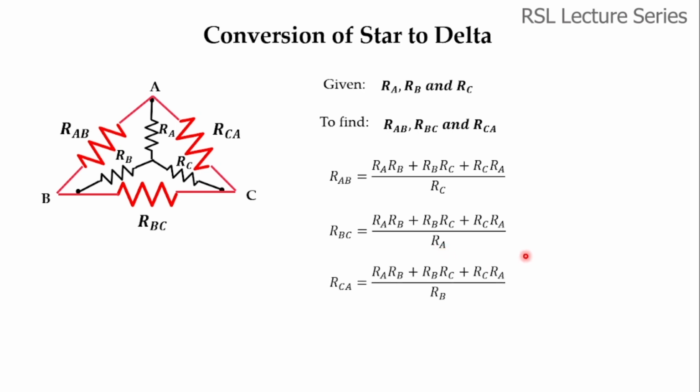Now the third one, RCA is equal to RA·RB plus RB·RC plus RC·RA divided by RB, since we have CA and the missing term is B. So in converting star resistors to delta, the numerator remains the same, and in the denominator we divide by the missing terminal.